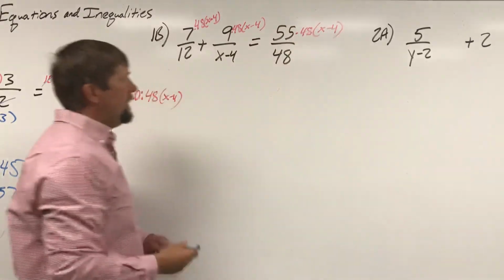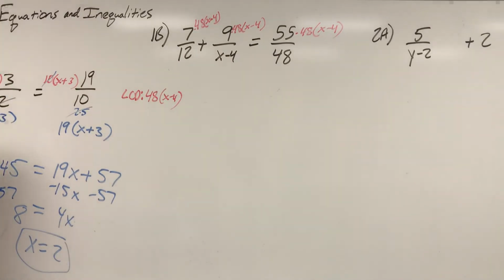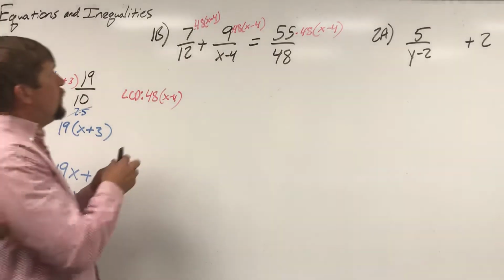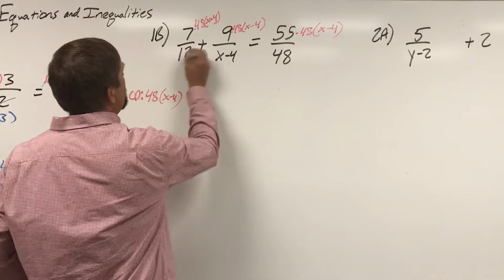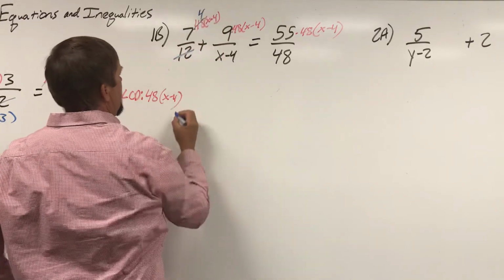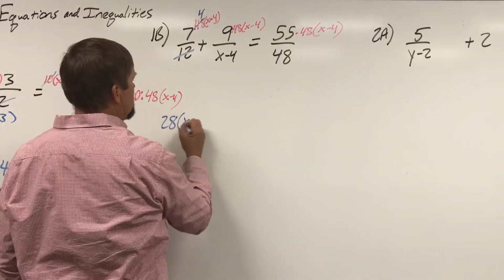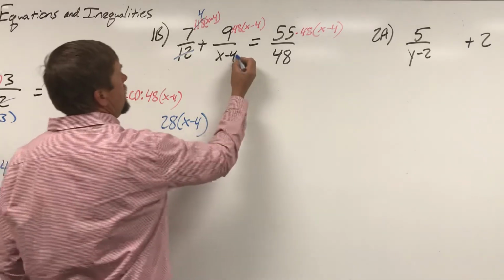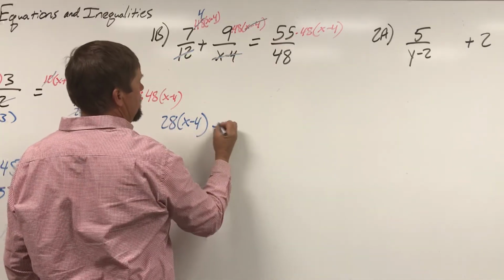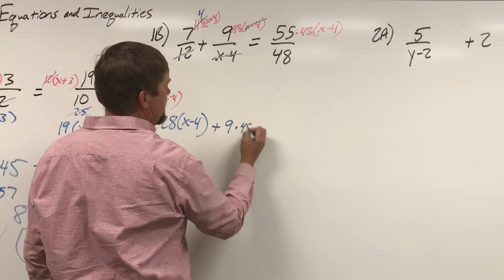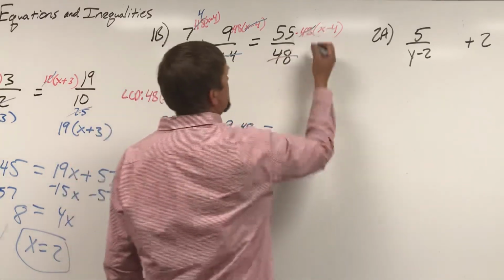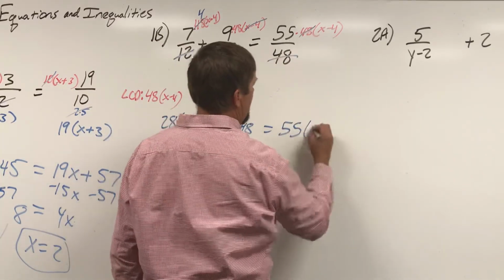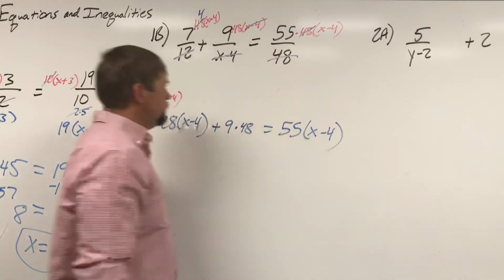All right, so that leaves me with eliminating the denominators. 12 goes into 48 4 times, so that leaves me with 28 times x minus 4. X minus 4 is eliminated, leaving me with 9 times 48. 48 cancels, leaving me with 55 times x minus 4.